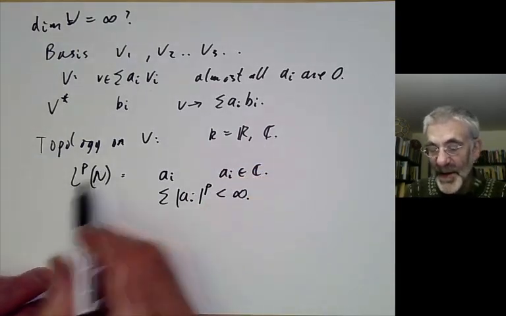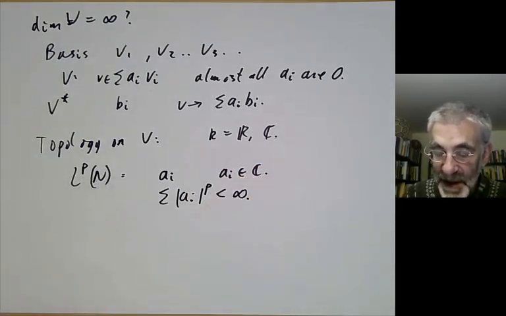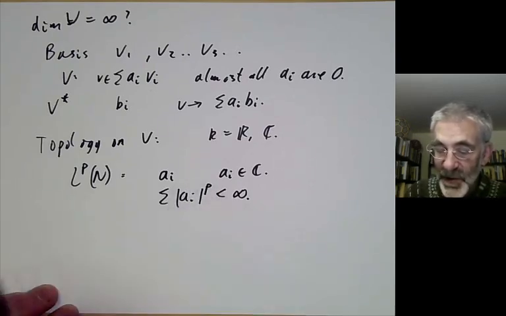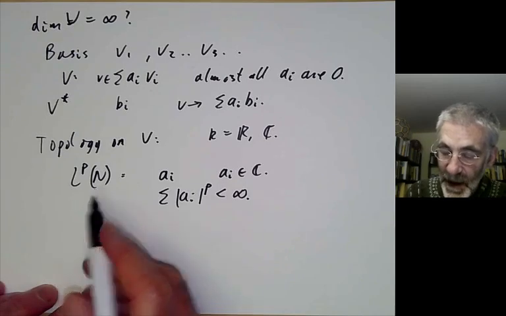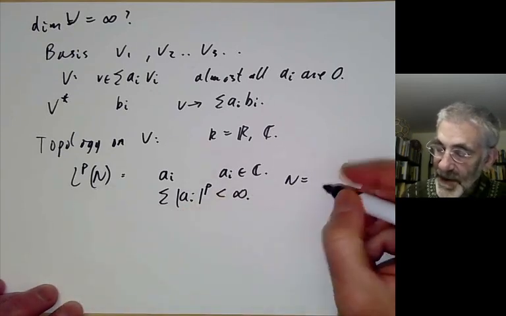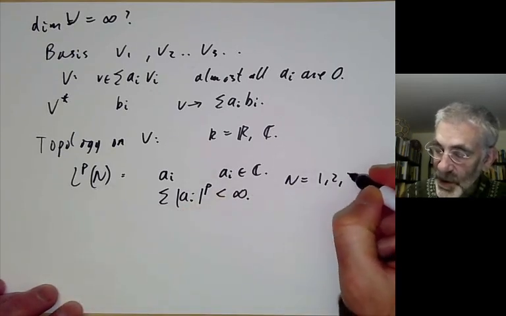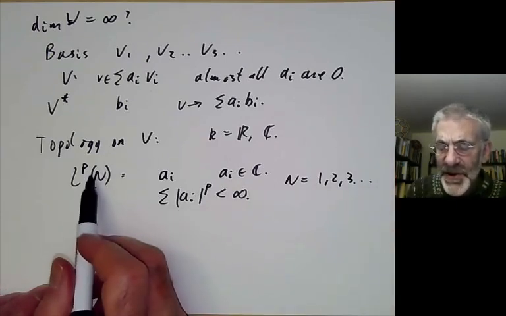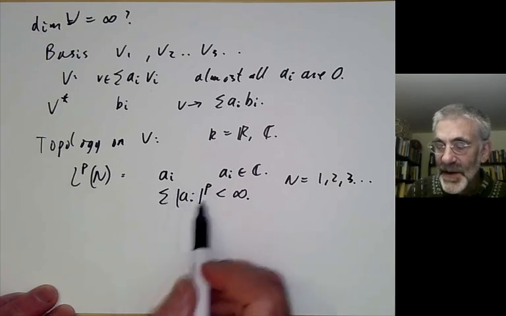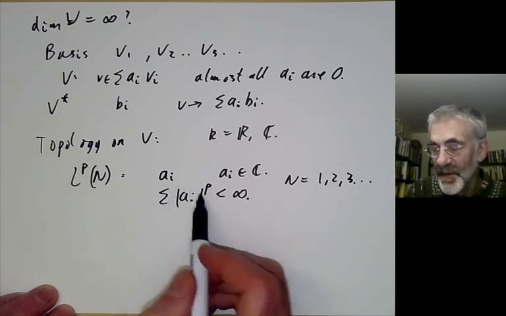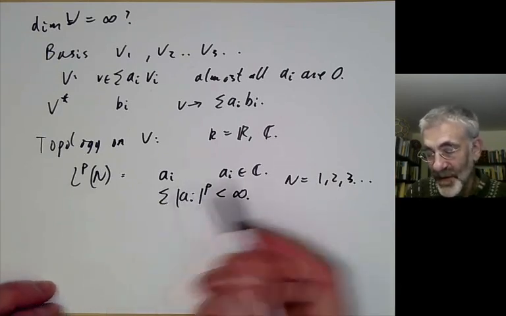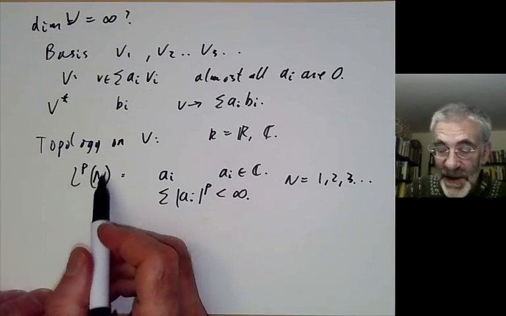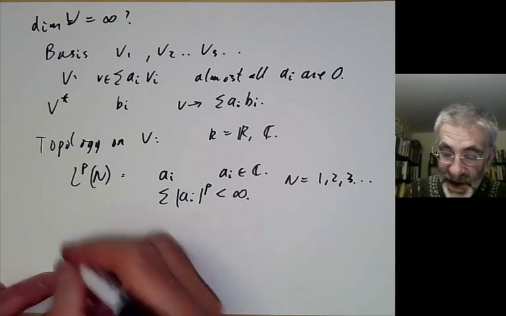So this is a standard vector space in analysis, and this has a norm given by the pth root of this. Here we can take n to be the positive integers 1, 2, 3 and so on, or more generally we can take n to be a measure space, and then we integrate the pth power of a function over this measure space and so on. Anyway, I'm just going to keep this to be the positive integers for simplicity.